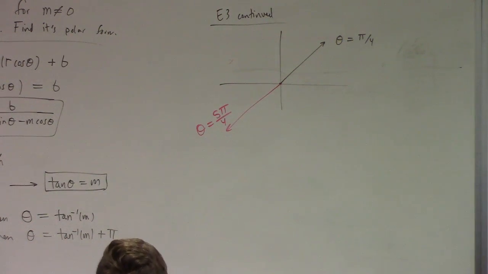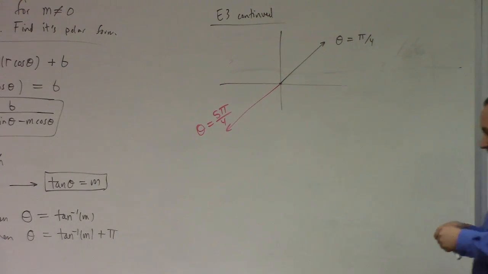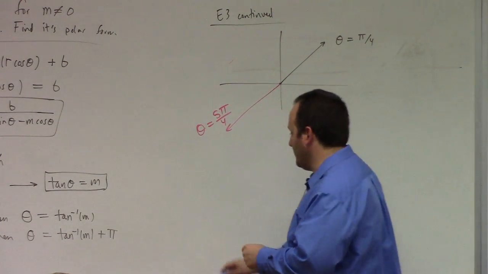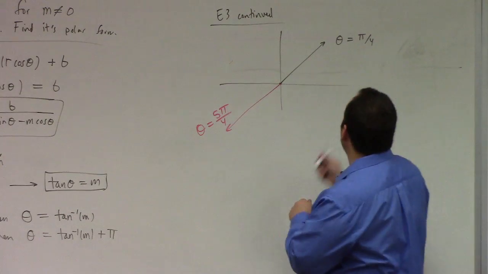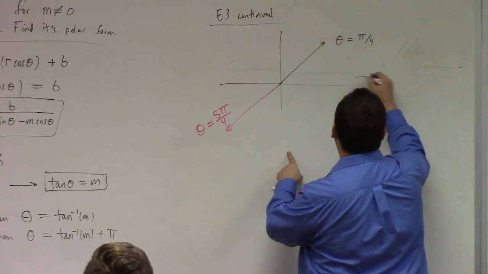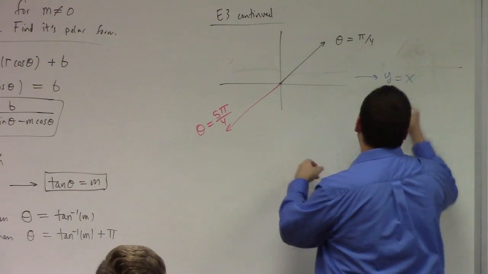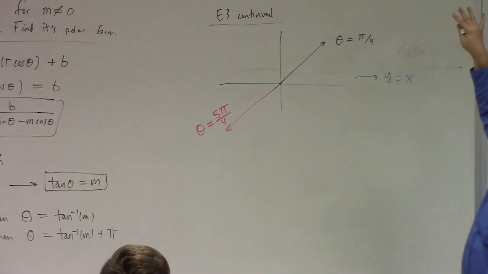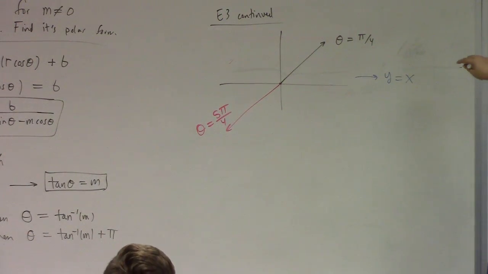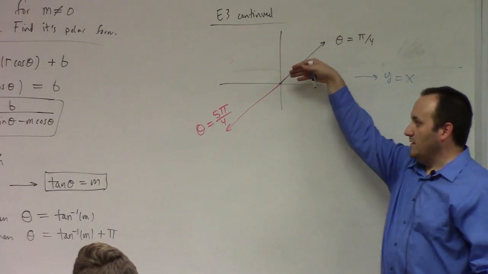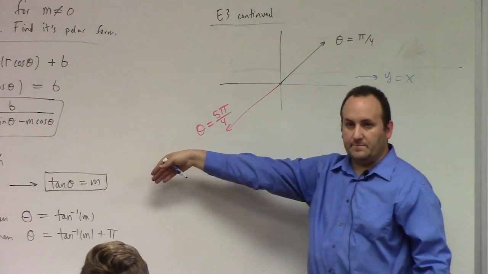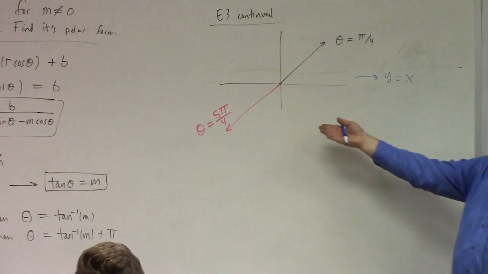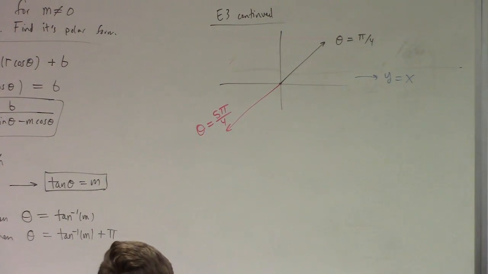These are the two halves of the line y equals x. Together, in terms of Cartesians, together these give y equals x, right? y equals x is the entirety of the line that goes on and on and on. In polar coordinates, it breaks into two things. Theta equals pi over 4 this way. Theta equals 5 pi over 4 that way. Inverse tangent of 1 is pi over 4, plus pi is 5 pi over 4.